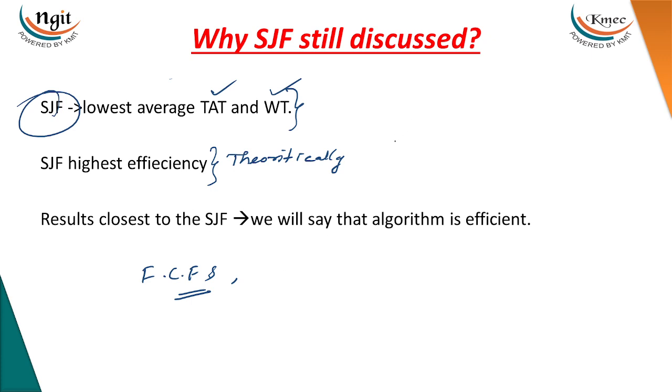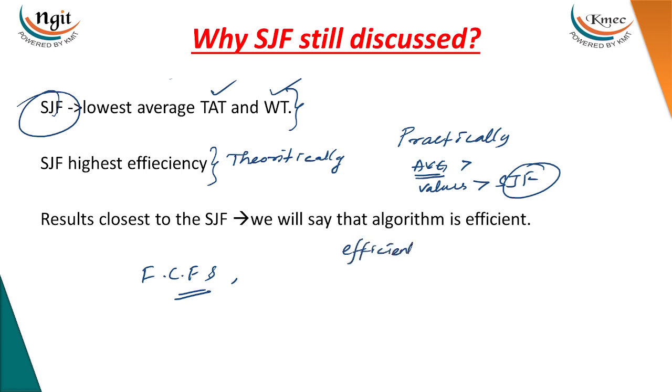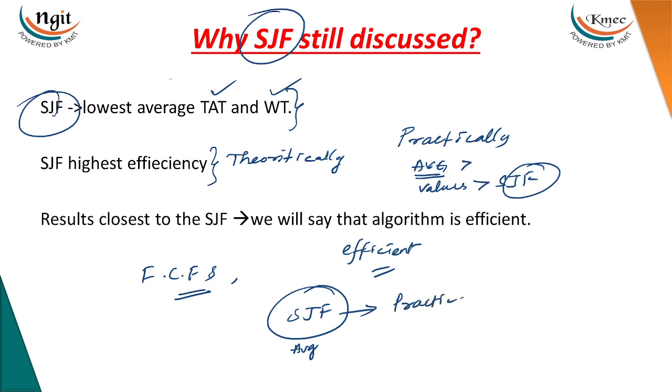So we compare the average waiting times and average turnaround times of all the practically implemented scheduling algorithms, and if their values closely match the SJF values, then we can say that the algorithm is efficient. So we use SJF because we can compare its theoretical performance with the practical scheduling algorithms, and find which algorithm is efficient for which type of system. That's why we are still using SJF.